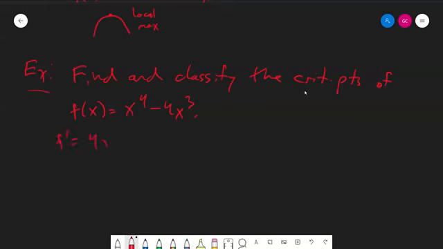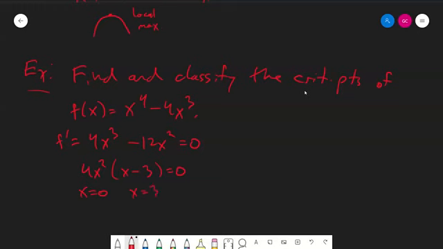So we start with the derivative. The derivative is 4x cubed minus 12x squared. Set that to 0 and solve. Both terms have a factor of 4x squared in them. So you factor that out. And so you get two critical points. x is 0 and x is 3.